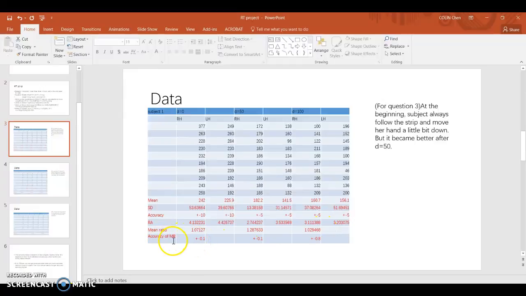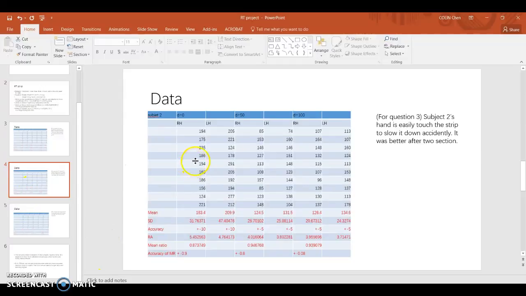To get the accuracy of the mean ratio, I use one mean value plus the accuracy, divided by the other's mean value minus the accuracy, to get another mean ratio, and look at how much they differ, and then get the accuracy of MR, which is the mean ratio.